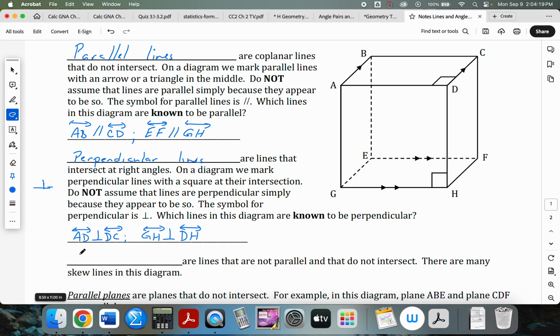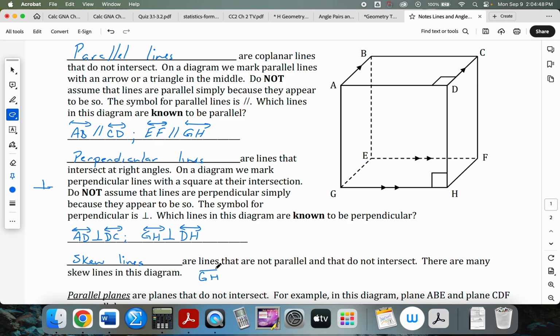The last type that we're going to learn about today are skew lines, S-K-E-W. That's probably a new term for you. Skew lines are lines that are not parallel, but they don't intersect either. There are a whole bunch of them in this diagram. Now remember, this is a three-dimensional diagram. Let me give you a couple of examples.